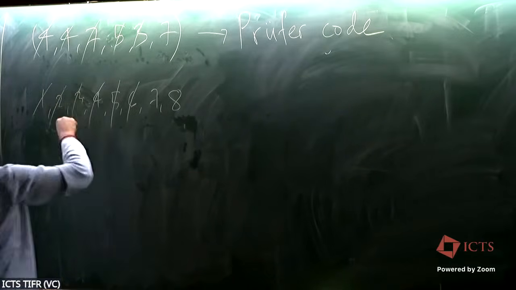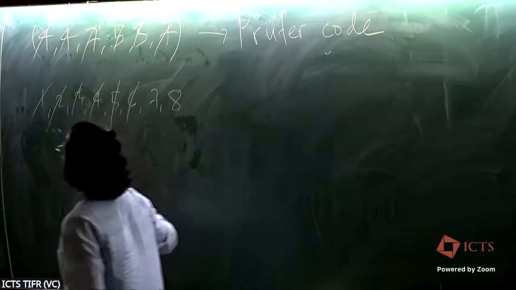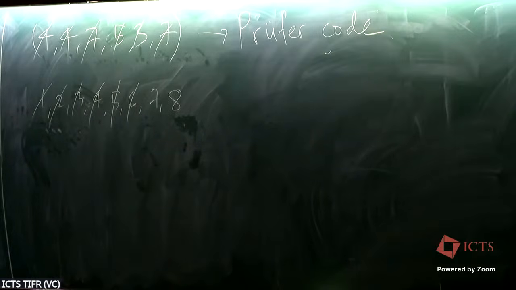Get rid of this. The only 2 elements left are 7 and 8. Join 7 and 8. Is this the tree that we started out with? Just check. Maybe it looks slightly different in the drawing, but it should be the right answer. And there you go. This is a rather mind-blowing correspondence if you think about it.